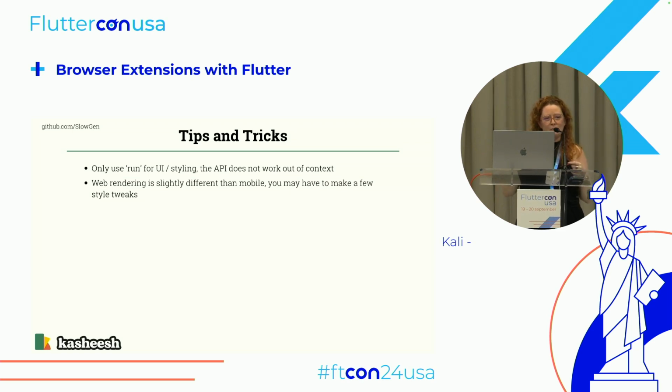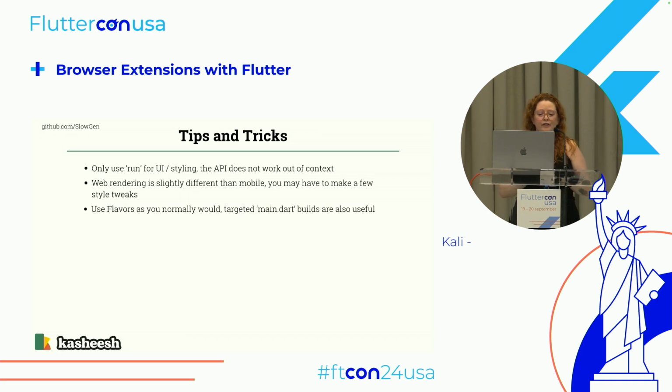So you may have to make some adjustments for styling. Use flavors as you normally would. We use Firebase, and for that I use separate targeted main builds because Firebase initializing at all in there will get rejected from the extension rules because that would be remote code.